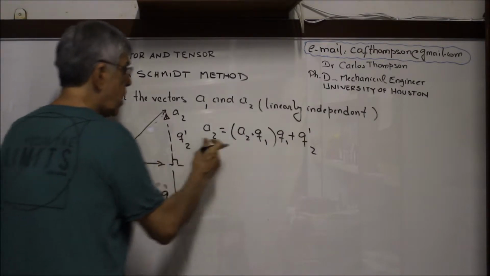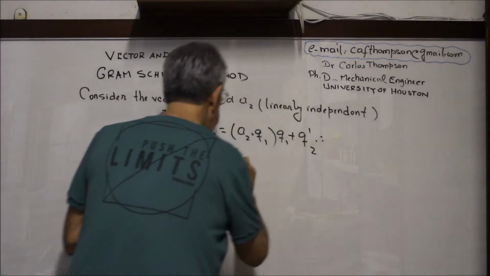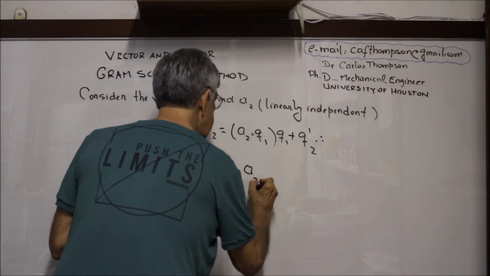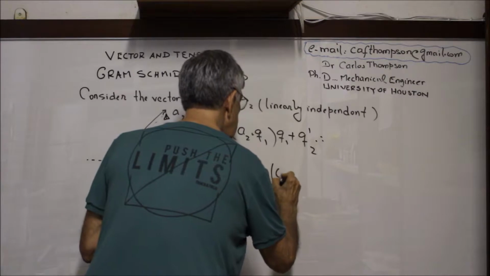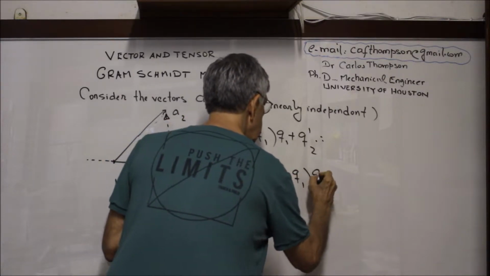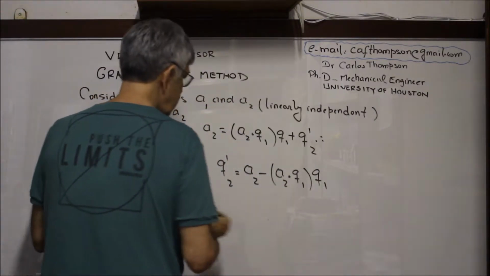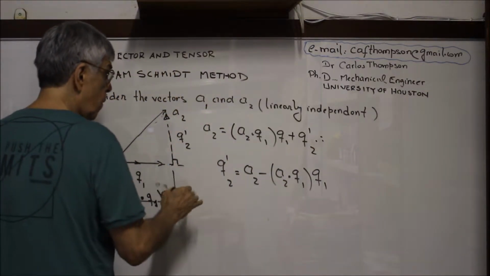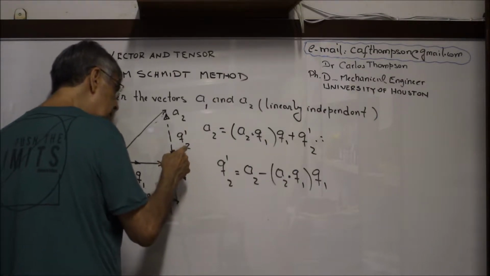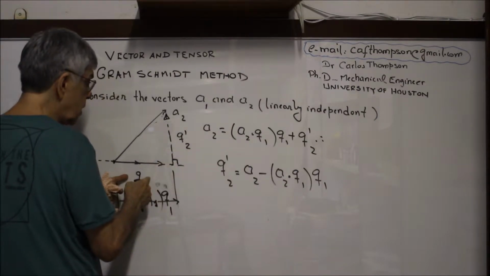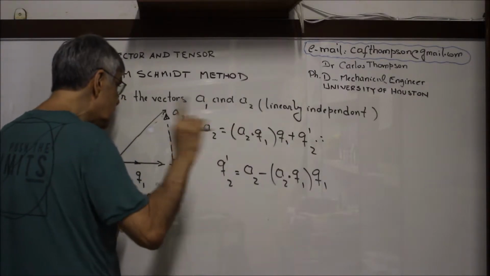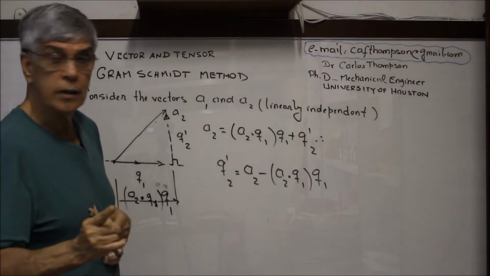Now, Q prime 2 is equal to A2 minus (A2 dot Q1). It's easy. Now, Q prime 2 is perpendicular to Q1, but its magnitude is not necessarily 1.